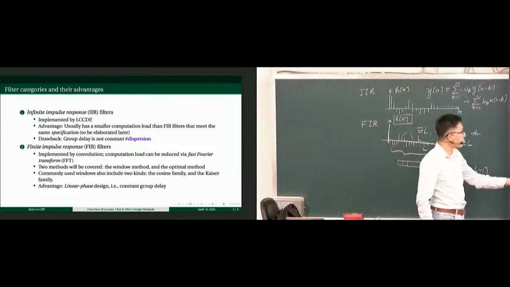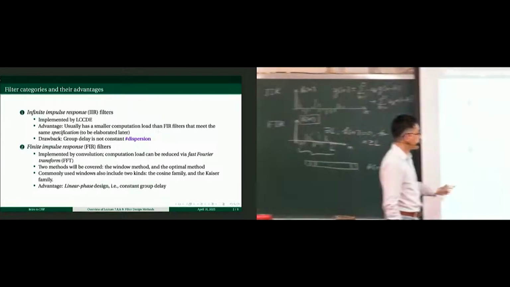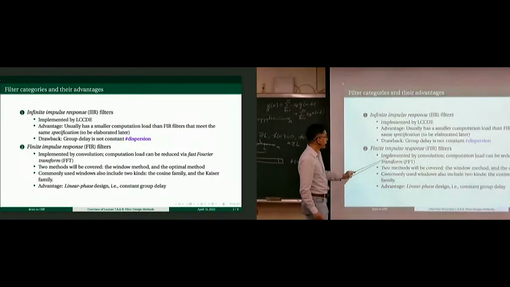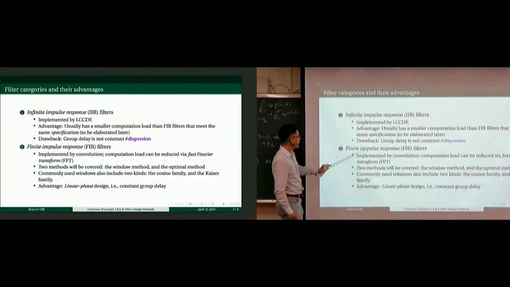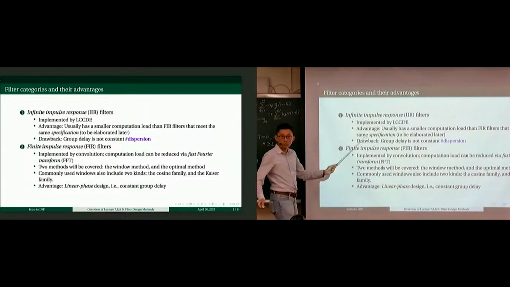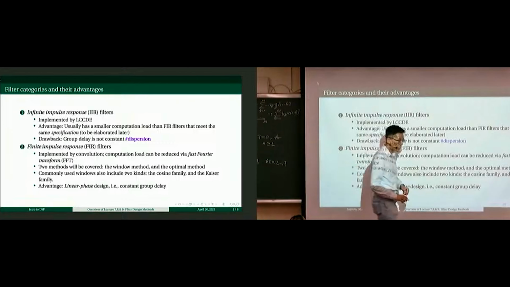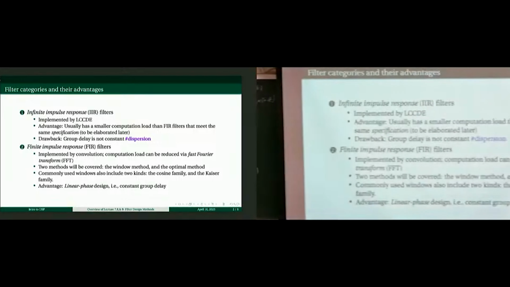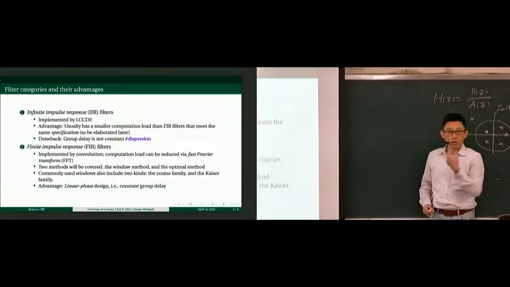But one more thing to mention, this is also important: the computation load. The question is, which one is computationally more efficient? When we are designing a low-pass filter, do we use IIR?